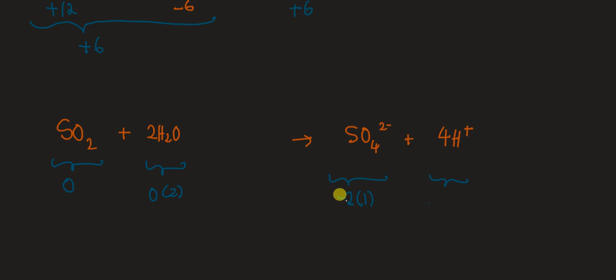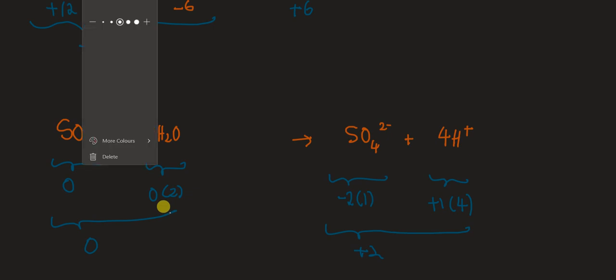And the protons carry +1, and there are 4 of this. So this brings a total of 0 on the left hand side, and +2 on the right hand side. So we're going to do the number line method.